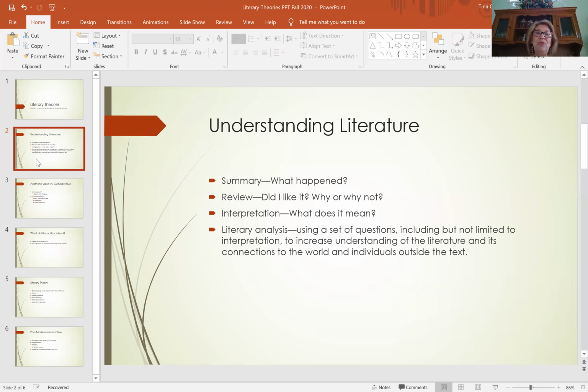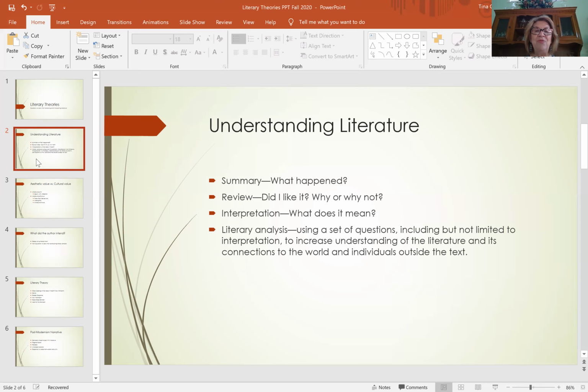One thing we are doing in this class is interpretation, or what I call, what does it mean? You'll notice that I have separated out interpretation from literary analysis. While all interpretation may be a part of literary analysis, it is not synonymous with literary analysis. So with interpretation, we simply ask the question, what does it mean?